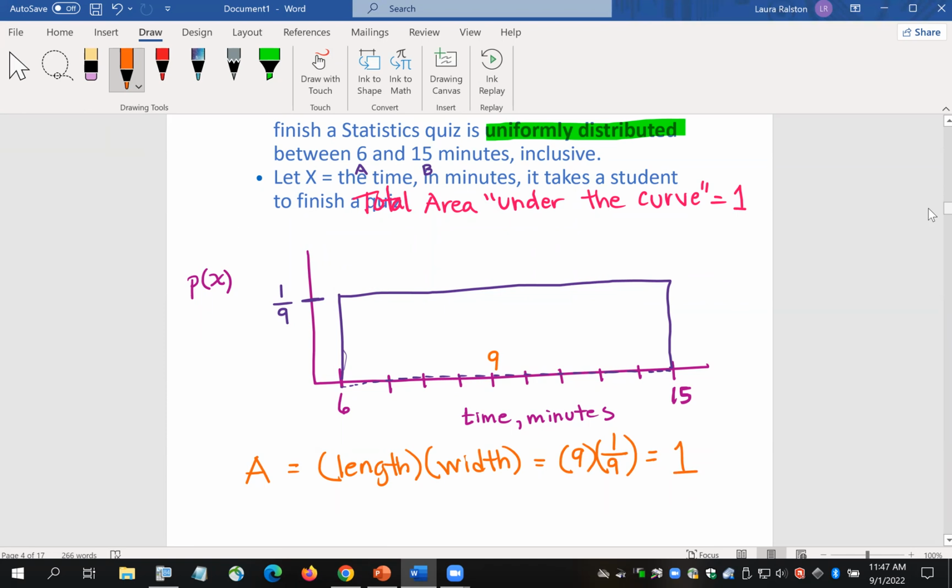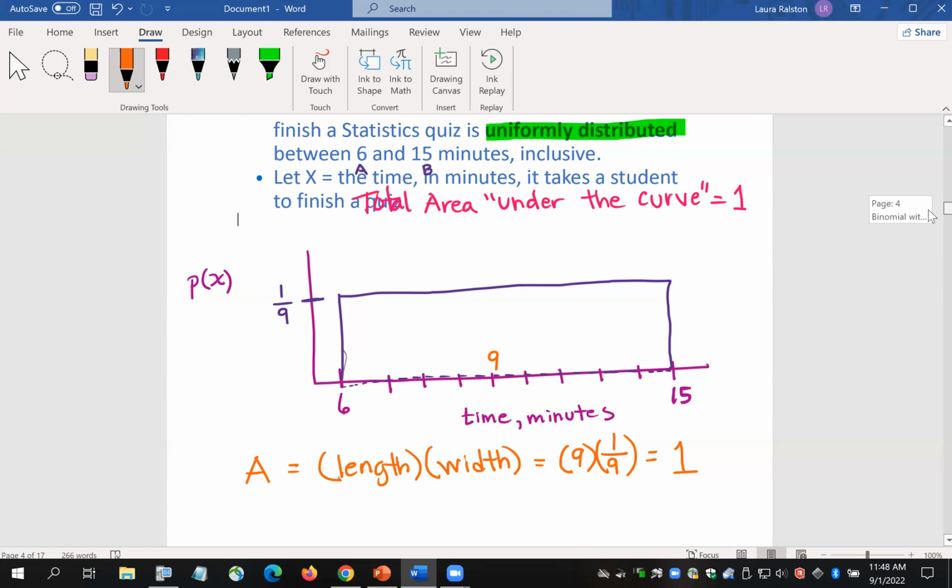So the total area under the curve, which is a rectangle, is 1. So I've just kind of proven that statement to you, so you don't have to necessarily rely on the fact that Miss Ralston said it.